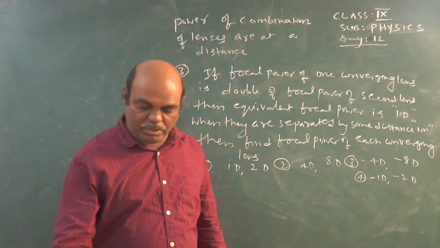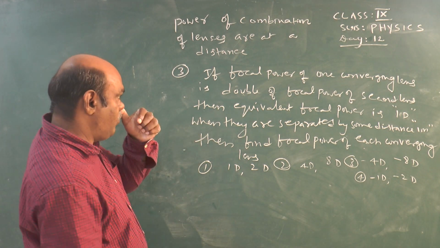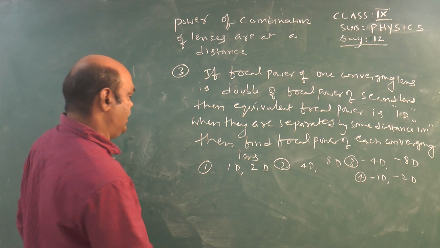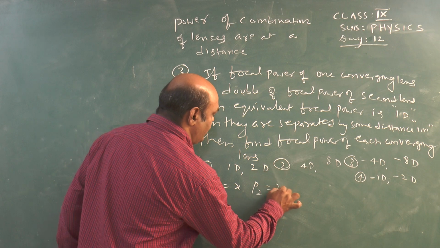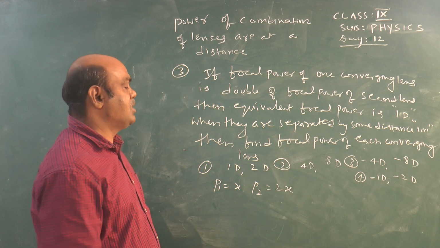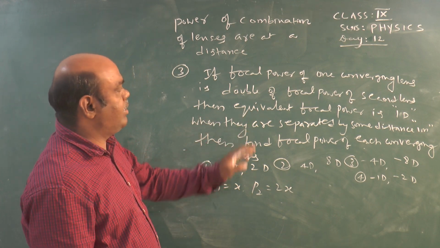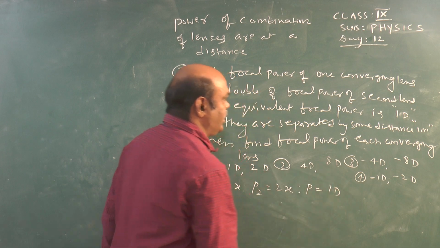So in this problem, if the focal power of one converging lens is double the focal power of the second lens, then P1 equal to X, P2 equal to 2X. The equivalent focal power is 1 diopter, so P equal to 1 diopter.